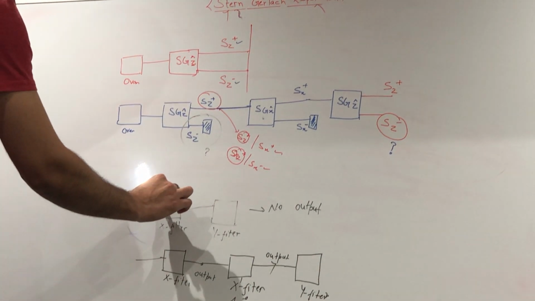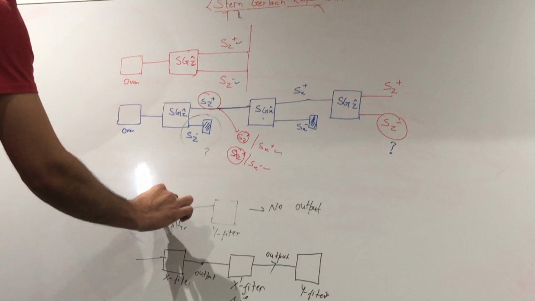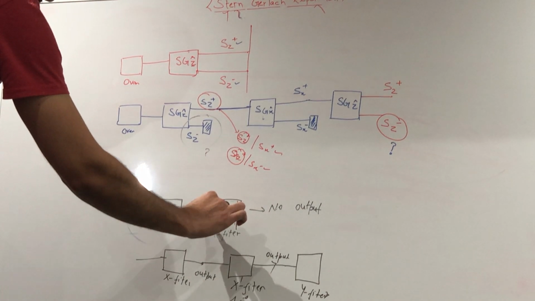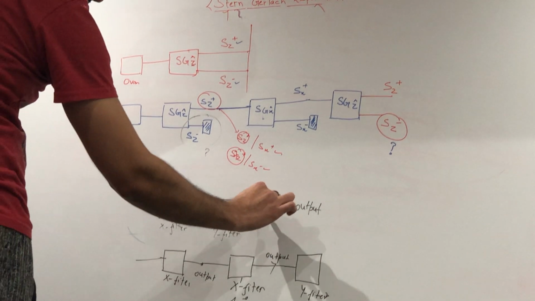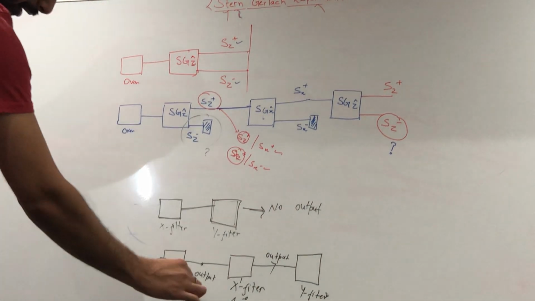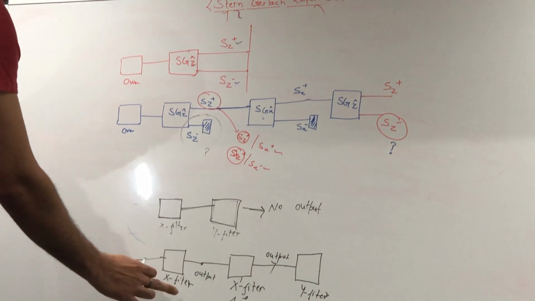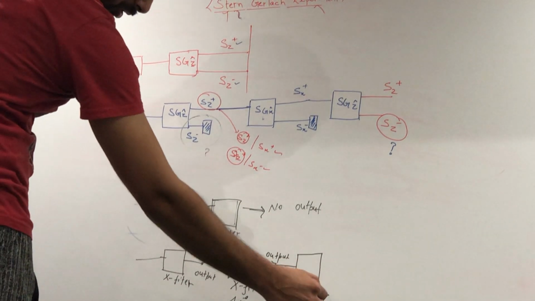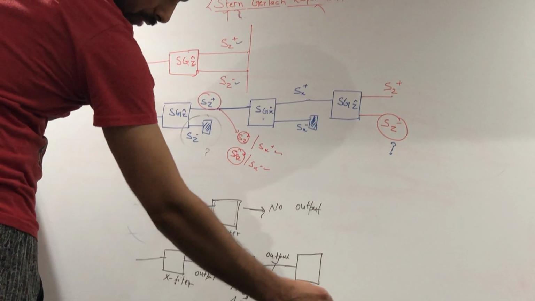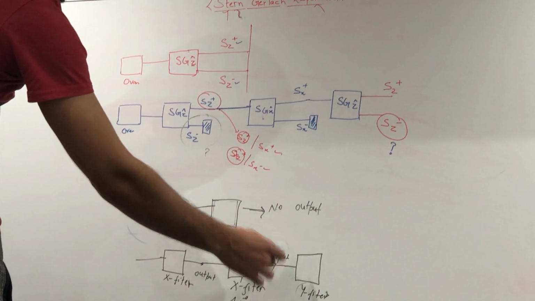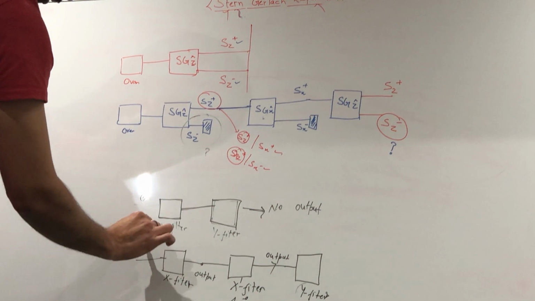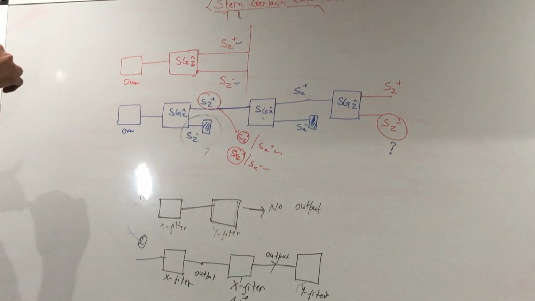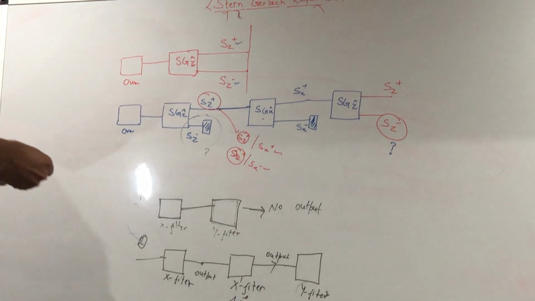Remember, when I use the X filter and pass it through the Y filter, I get no output. Again here, I use the X filter and pass its output through the Y filter. What will I get? The difference here is only the introduction of the X prime filter.